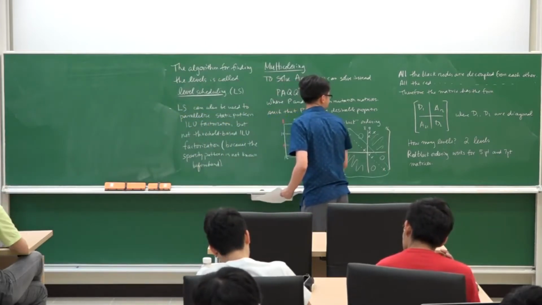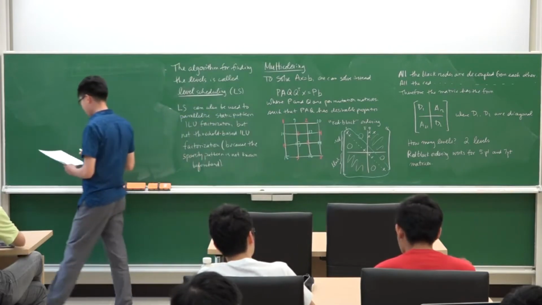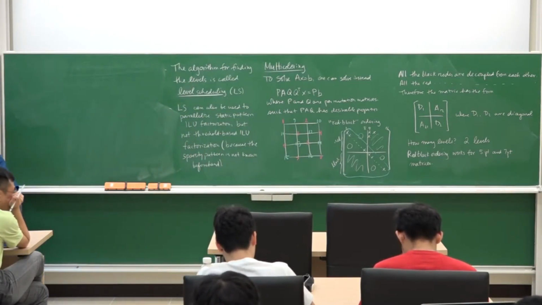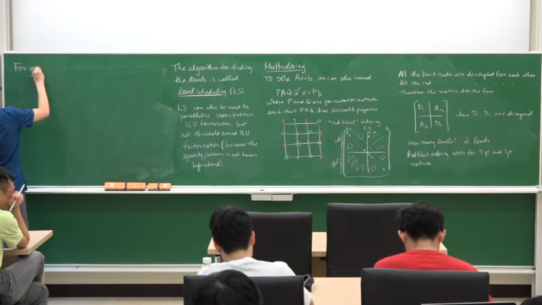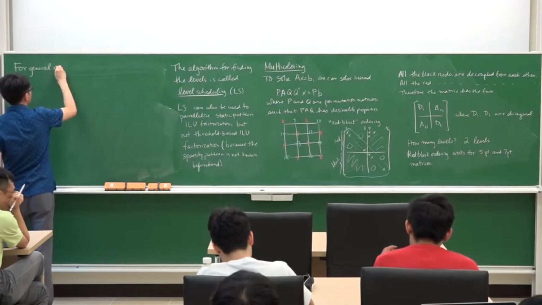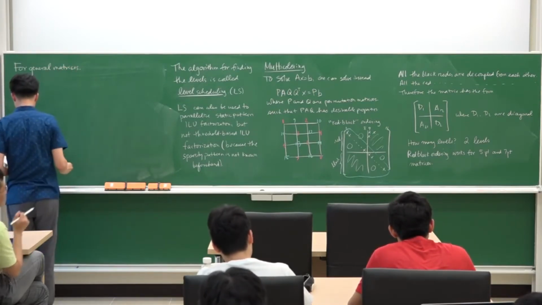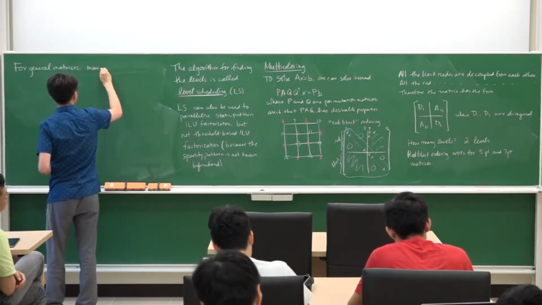So for these 5 and 7 point stencils, we only need 2 colors. For general matrices, more colors are necessary.